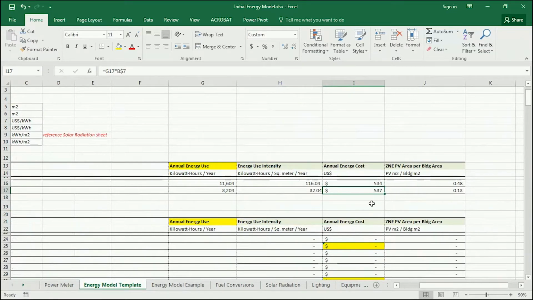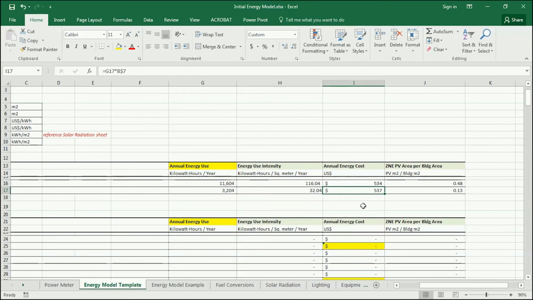And this is a good way of just kind of getting a sanity check as well to see if this feels like it's a realistic number for the amount that you would pay in utility bills. So in my case, this is just over $1,000 a year, which translates to just under $100 a month, and that's pretty reasonable for a 1,200 square foot, 100 square meter apartment.